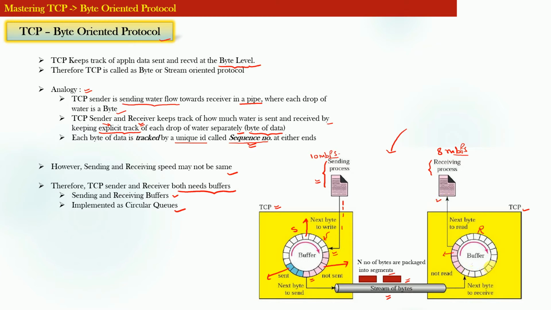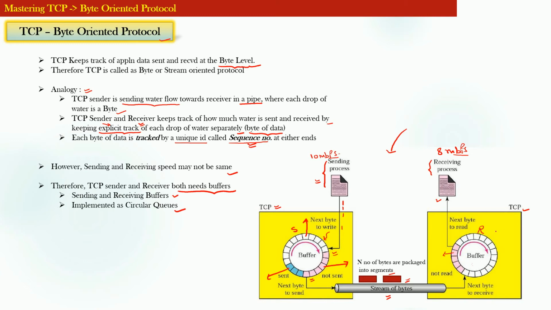Whereas white slots represent empty slots which the receiving TCP will use to store fresh bytes of data coming from the sending TCP. As soon as the receiving TCP pushes the bytes stored in the pink slots of the receiving buffer to the application, these slots become available to store more fresh bytes of data coming from the sending TCP.